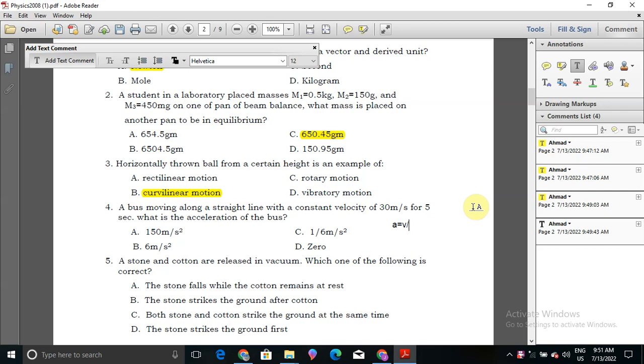And for initial and final velocity, how can we find the total velocity change from them?